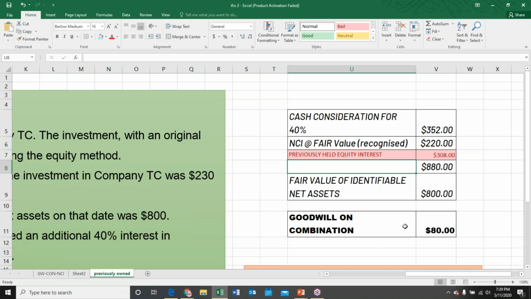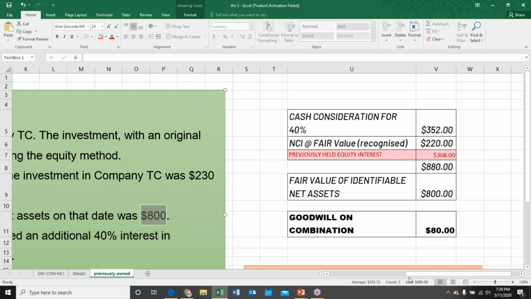It was already given; they've fair valued that. So the total of this comes to $880. The fair value of the identifiable assets is 800, which is already given; on that date, it was $800. So my goodwill out of this whole business combination, the step acquisition, comes down to $80.